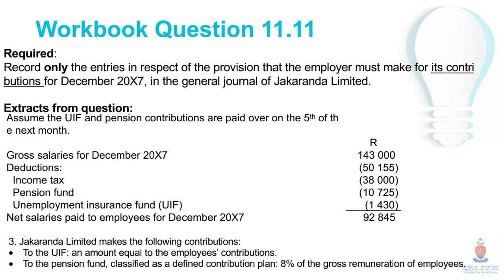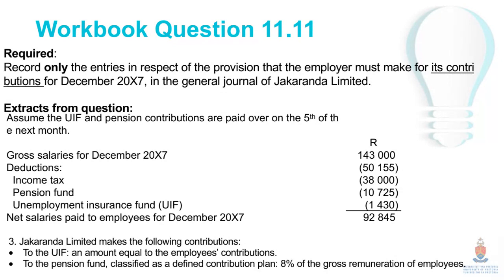All right. So, what is this statement telling us that we need to do with regard to our journal entries? So the question is, what does paid over on the 5th of the next month tell us about our contra account in our journal entries?